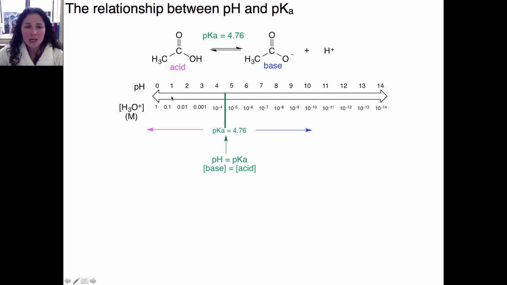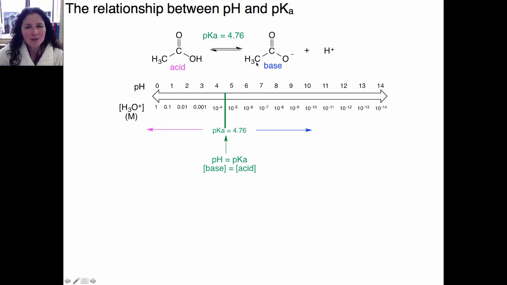These are acidic pHs. As I change a pH from 4.76 to a lower pH, essentially what you're doing is increasing the concentration of hydronium ion or hydrogen ion. So if I move to a pH that's lower, that means I have a higher concentration of hydronium ion or hydrogen ion. Consider what this would do to the equilibrium.